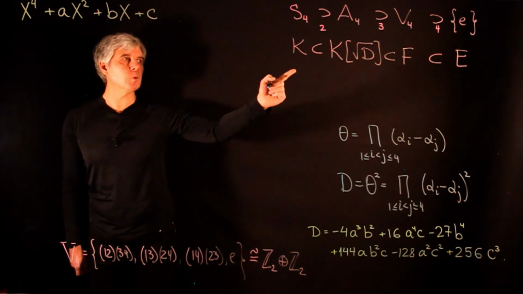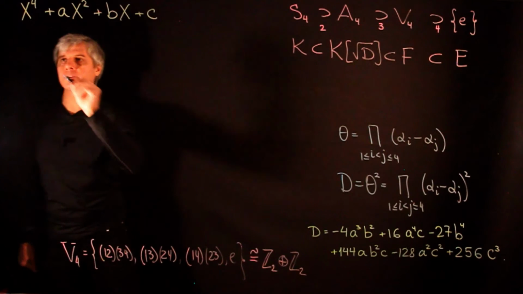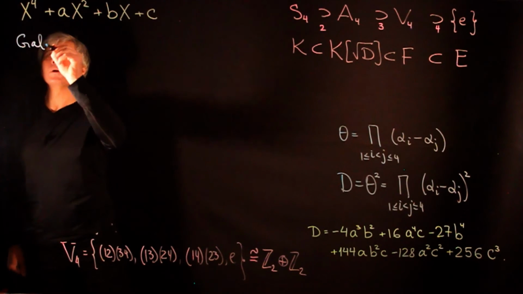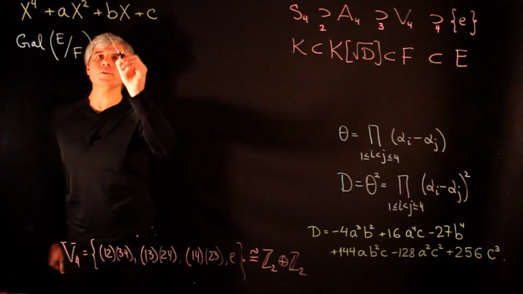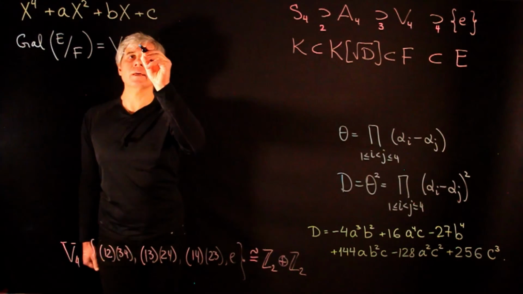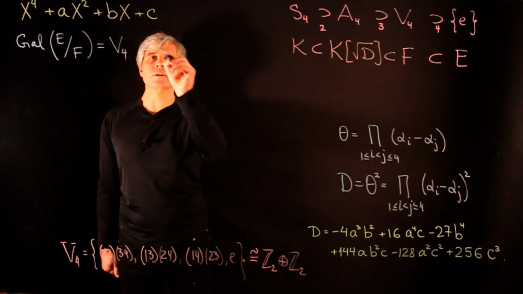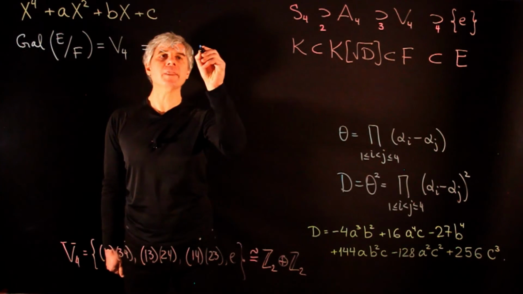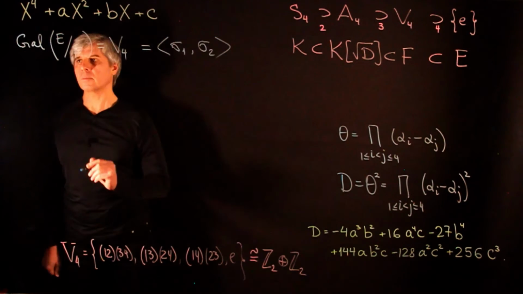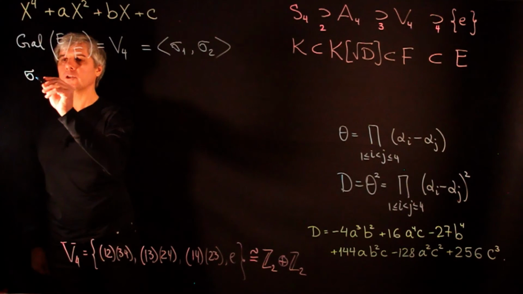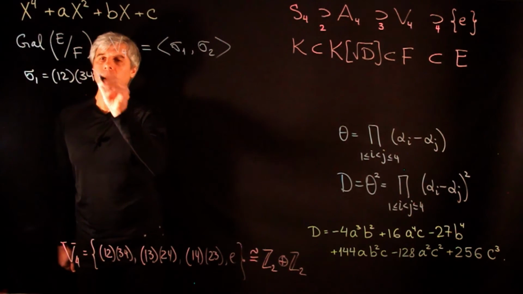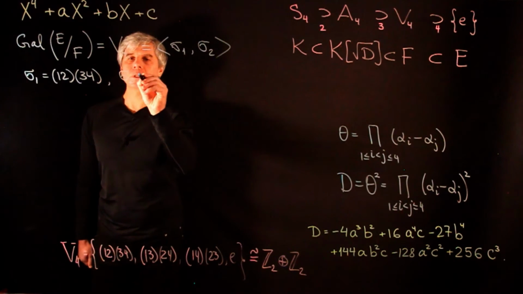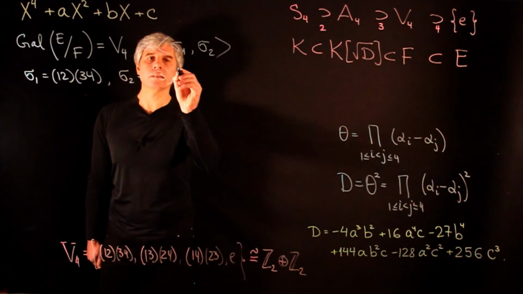Next, let us view E as an extension of F. The Galois group of E over F is equal to V4, and it has two generators. So that will denote sigma 1 and sigma 2. As sigma 1, we choose element (1 2)(3 4). And as sigma 2, we take (1 3)(2 4).